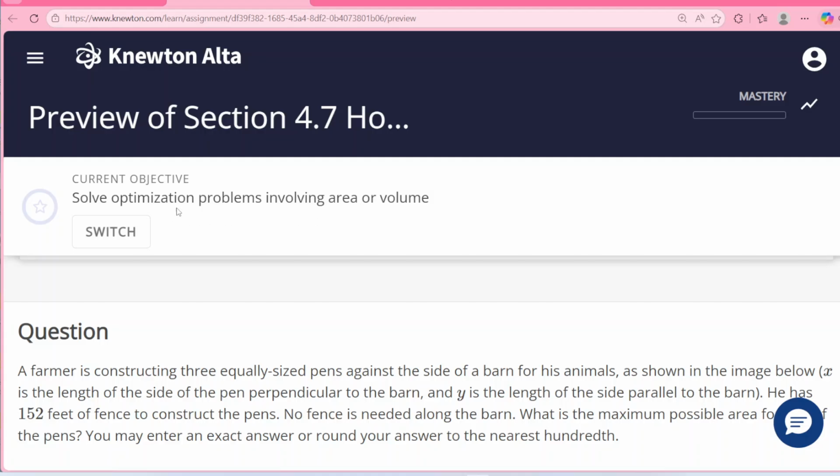An optimization problem is one in which you're going to be asked to optimize, which means maximize or minimize the value of some quantity. Here it's going to be area or volume.